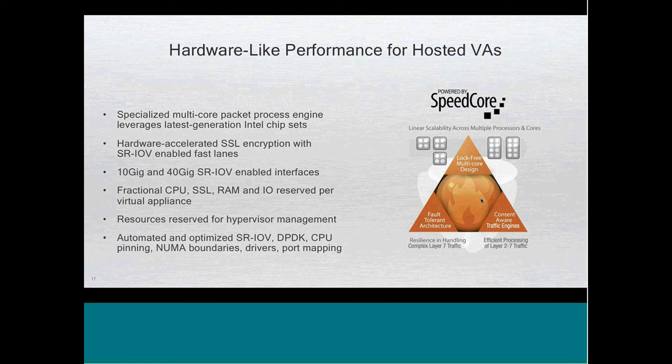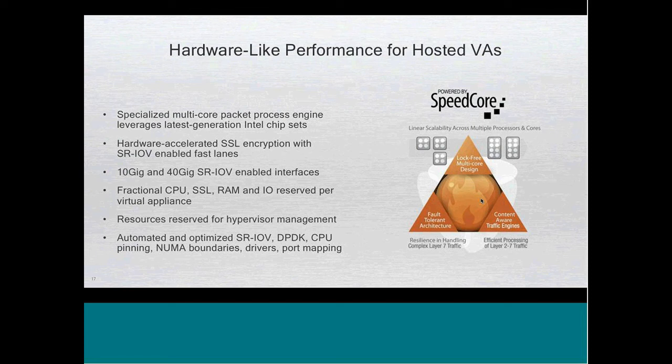While doing that, the internal resources of CPU cores, SSL cores, RAM, and IO are reserved for a particular virtual appliance, and that's pre-configured. So one appliance will not interfere with the other. And these are done with a hypervisor that we have specially tuned for this hardware.